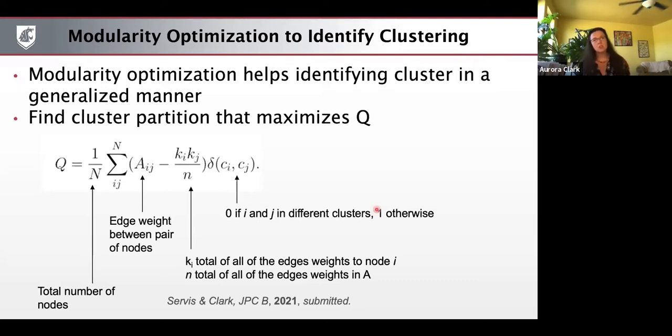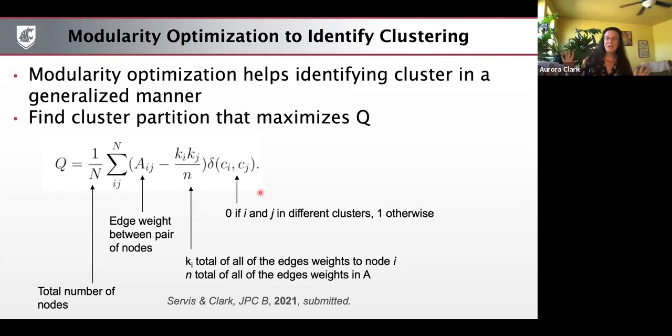The intent of modularity optimization is that you're trying to find a cluster partition. You take the entire system and partition it into clusters that maximize Q. Q is equal to 1 over n, where n is the total number of nodes, times the sum over the edge weight between pairs of nodes, minus the multiplication of the total number of edges between nodes, times this delta function, which is if the two nodes are part of the same cluster or different clusters.